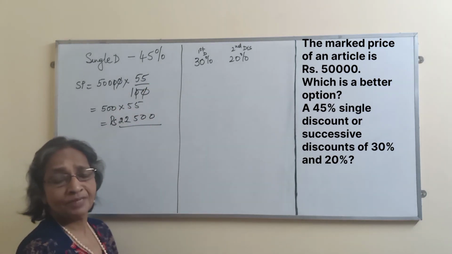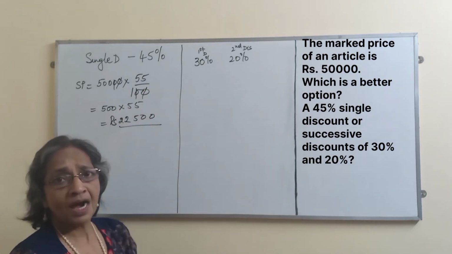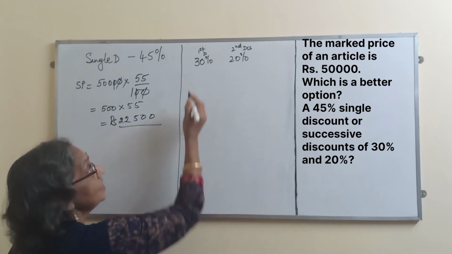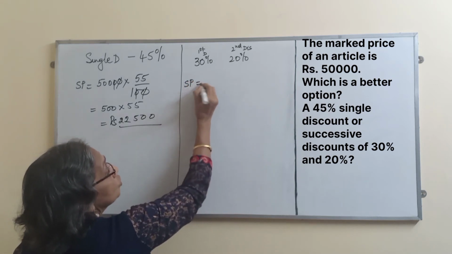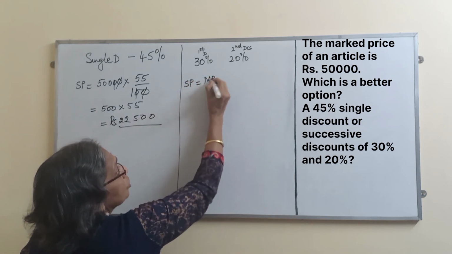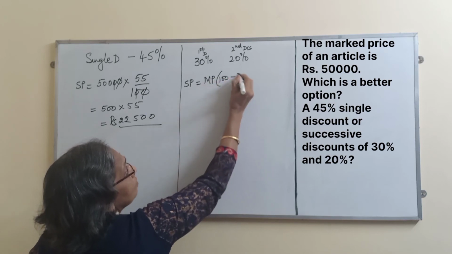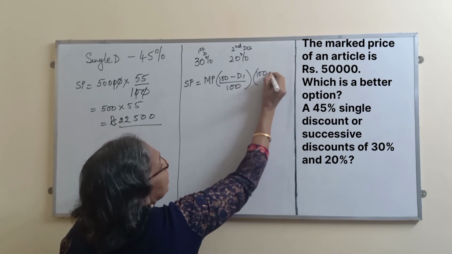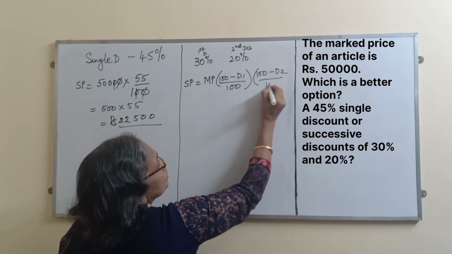Now let us see what happens here. In the previous sum, I had given you the formula for when one discount is given. But we can extend that formula for 2 discounts, 3 discounts, any number of discounts. So this will be my marked price, 100 minus D1, and then I have another discount, I can put this as D2.